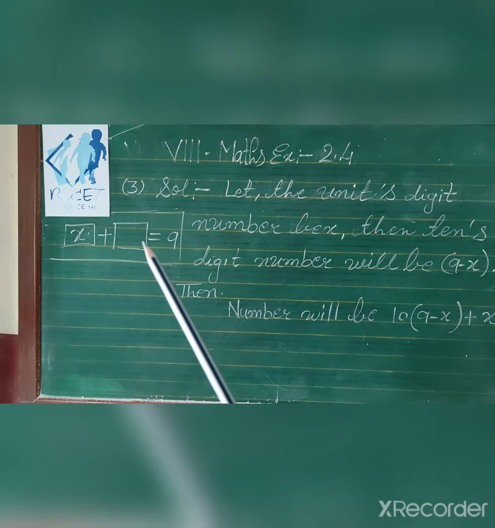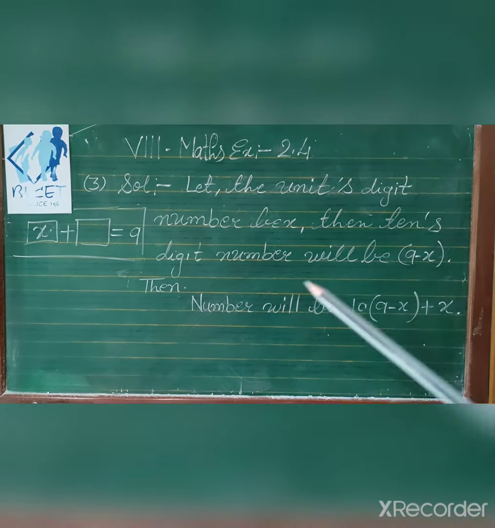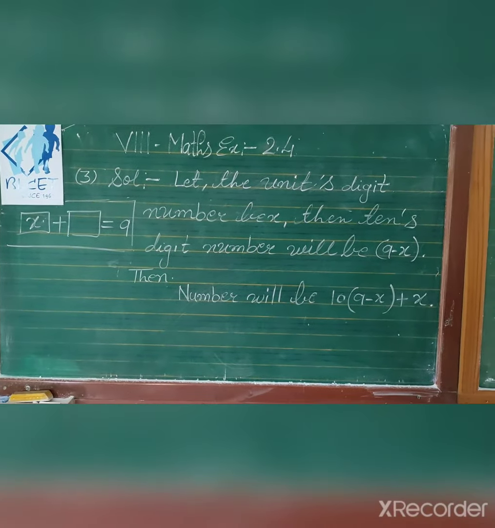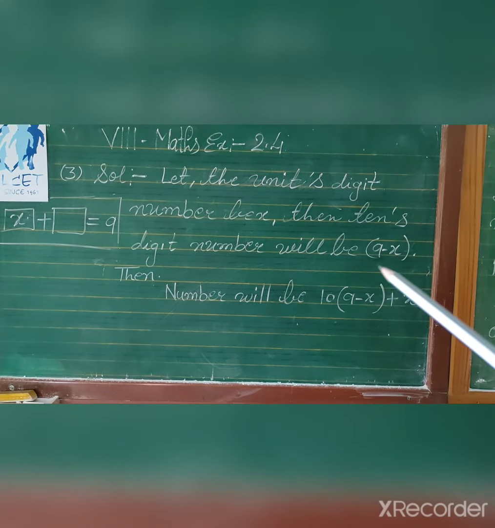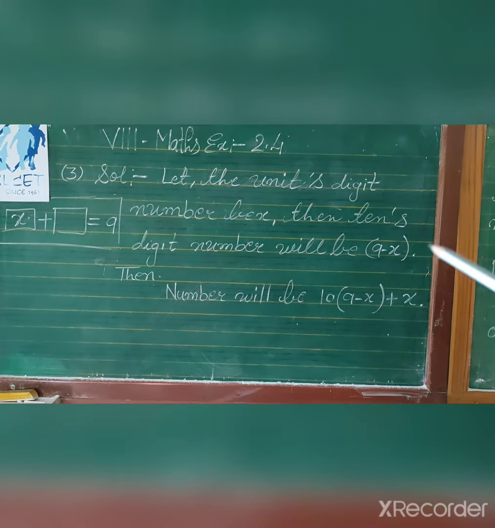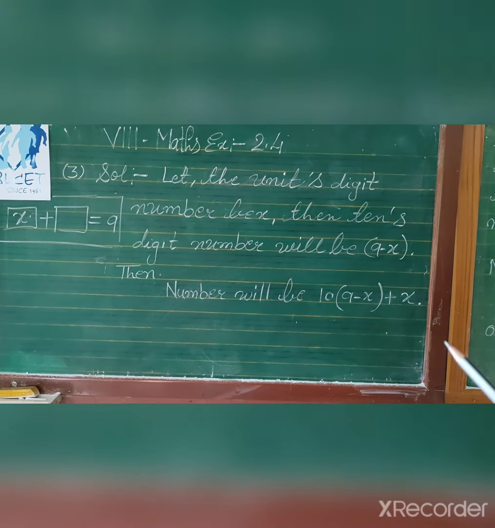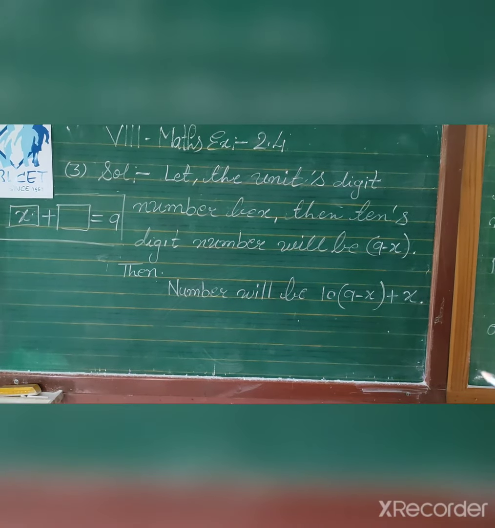So the tens digit will be 9 minus x. Then the number will be, for showing the tens digit we multiply by 10 in 9 minus x, and x into 1, the unit digit will be x. So the number will be 10 into (9 minus x) plus x.